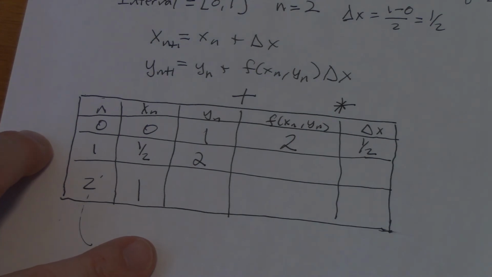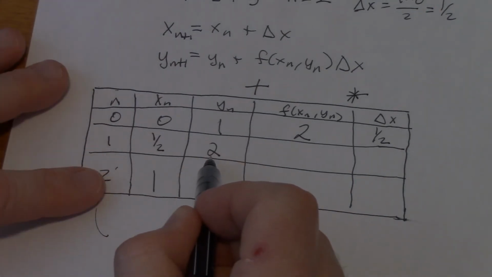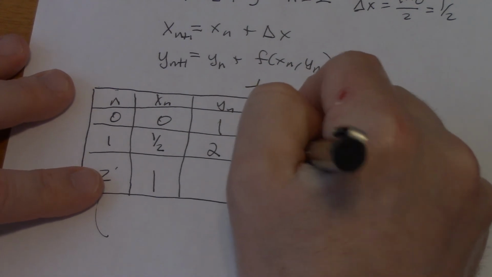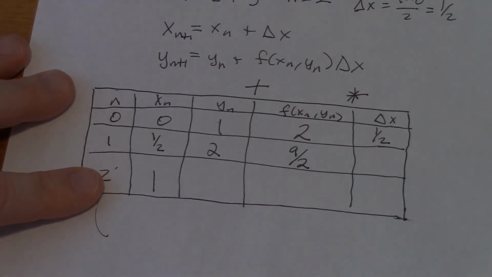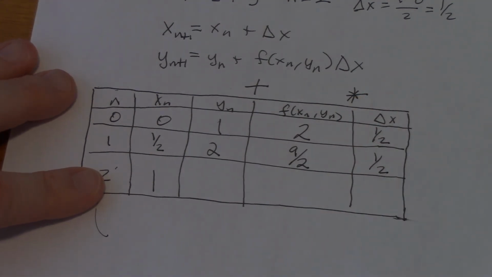Okay? Same thing. So we plug 1/2, 2 into this. So that means 1/2 plus 2 times 2, that's 4.5. I'm going to write it as an improper fraction, so that's 9/2. Delta x is always 1/2, so I don't have to think about that part.